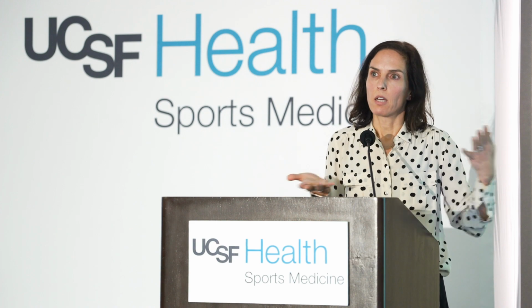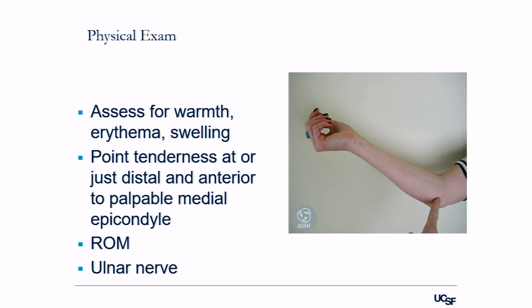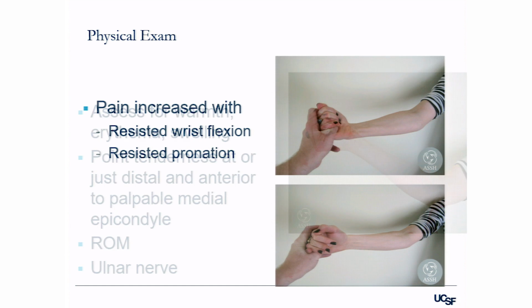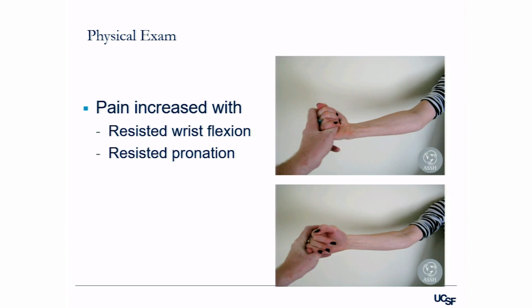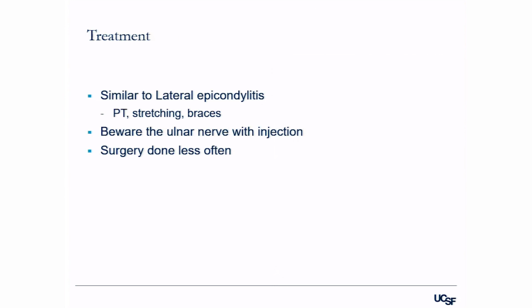So it's not one or the other. Oftentimes you do see it together. They have pain with resisted wrist flexion or pronation. And treatment is very similar to lateral epicondylitis.